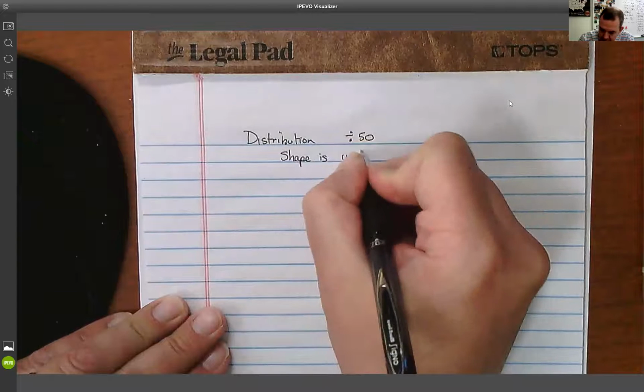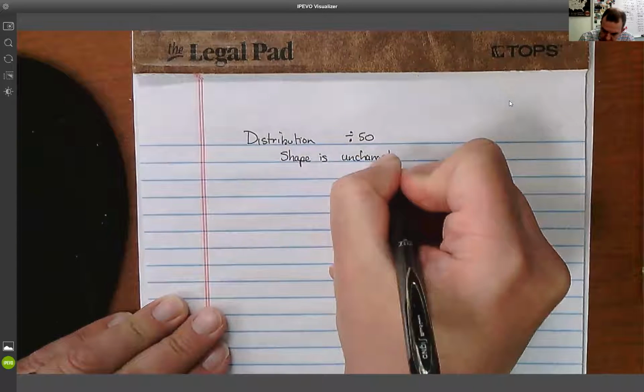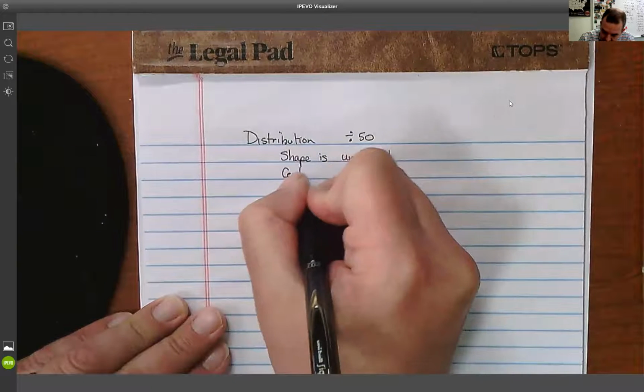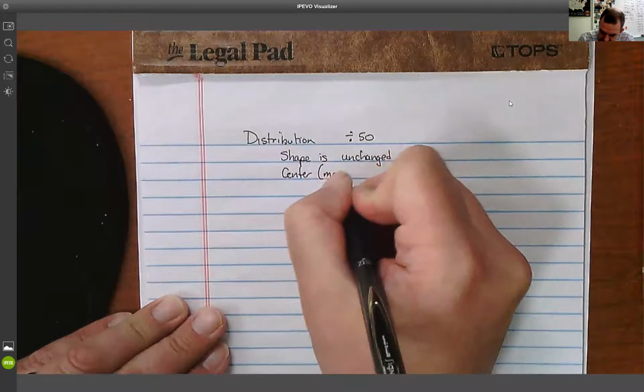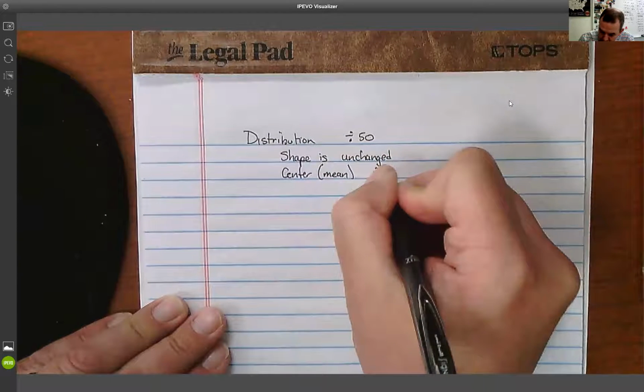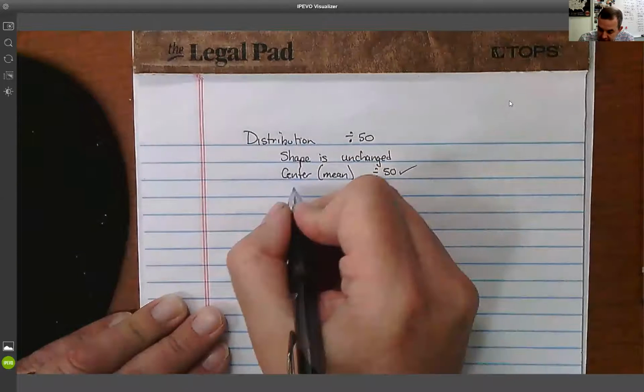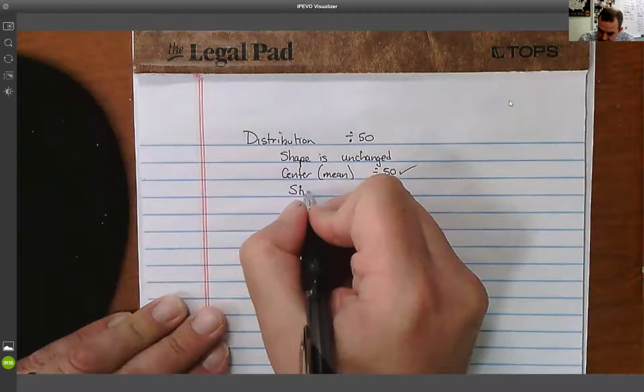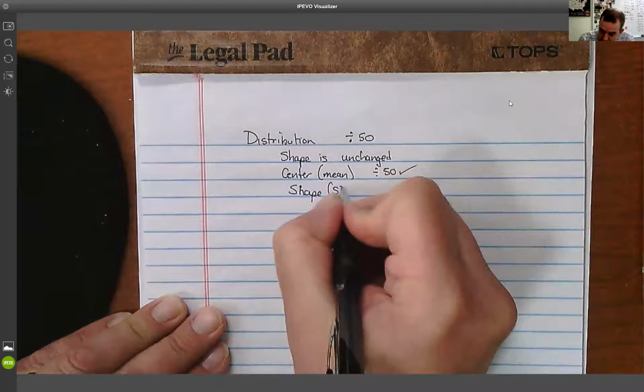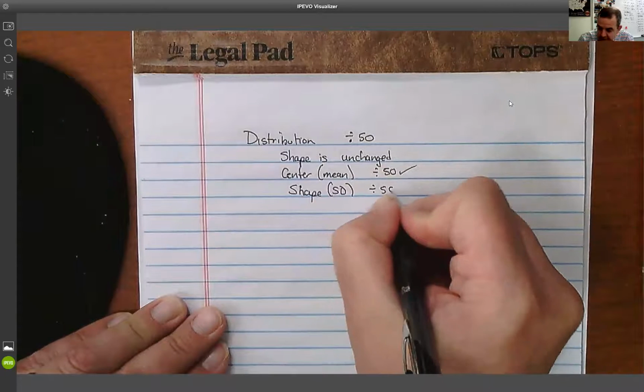This is again back from our previous units. The center, the mean in this case, we divide by the 50. The standard deviation, which is the spread, we also divide by 50.